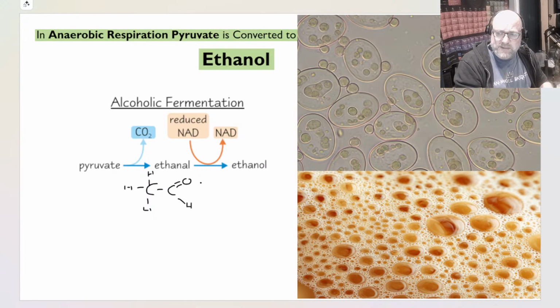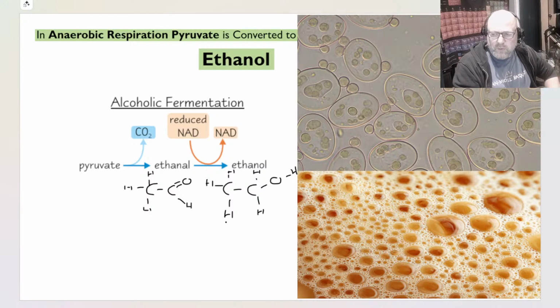And then what happens is the reduced NAD is turned to NAD because the ethanal takes some more of the hydrogen, and the ethanol looks like this. If you have a look, you can see ethanol has gained hydrogen there, and it's gained a hydrogen there.